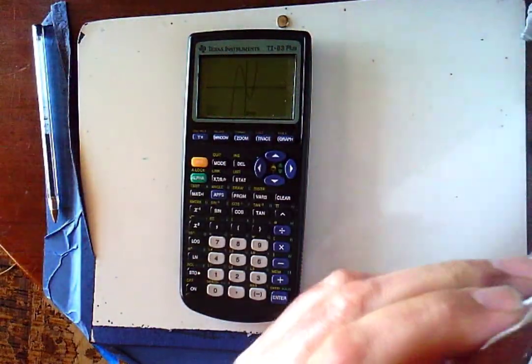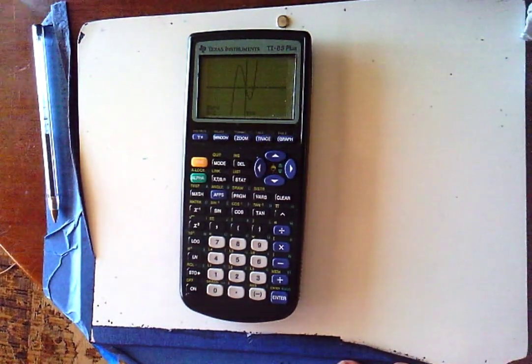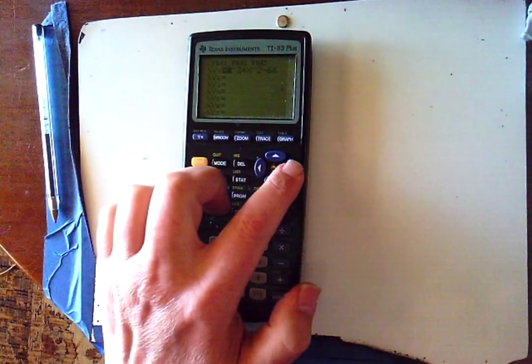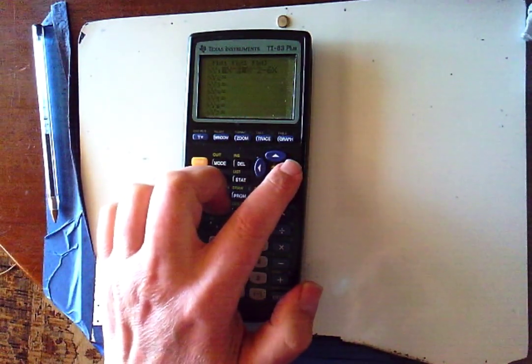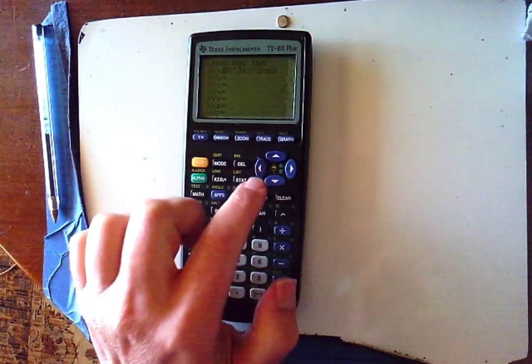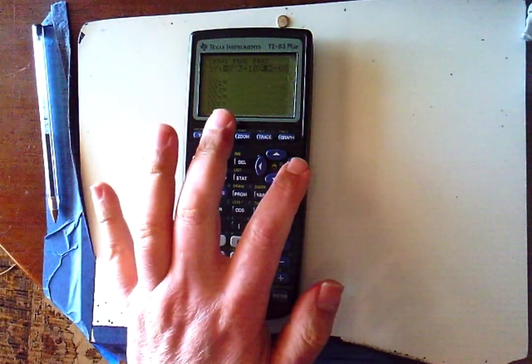Okay, exercise 5, finding function values. What does it say? Enter the function y equals x to the third plus, hey, did you know about this? Second insert allows me to insert something there.